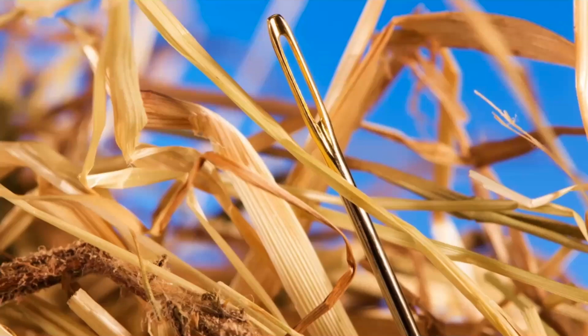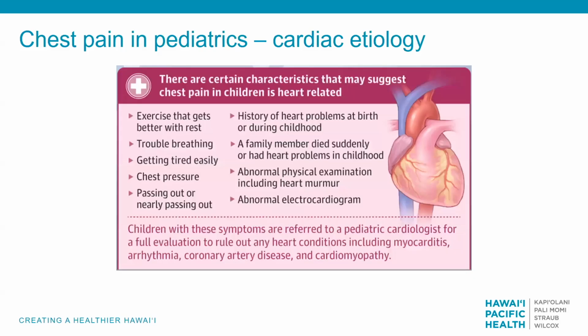So what is the cardiac origin? What is the needle in the haystack? For the cardiac origin, I usually list 4. This is part of that review article that I presented before. These are some hallmarks in the history that can point toward the suspicion that you need to work a little bit more and figure out whether the chest pain is cardiac or not.